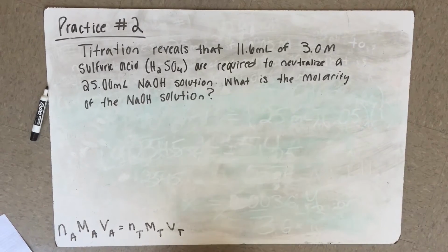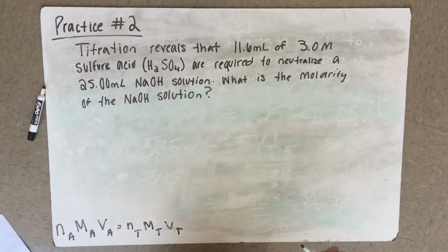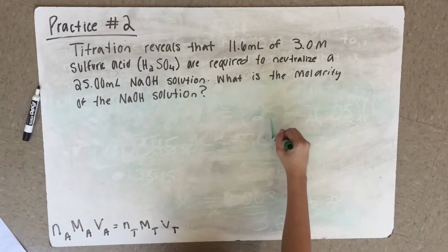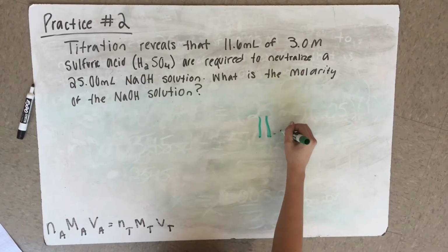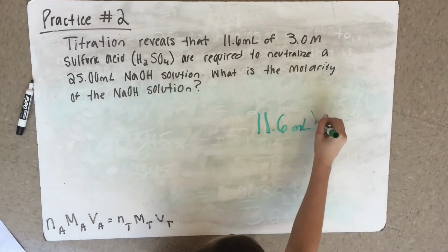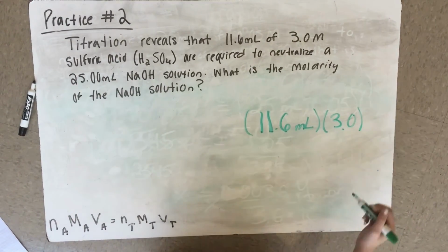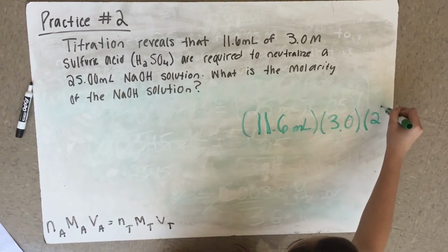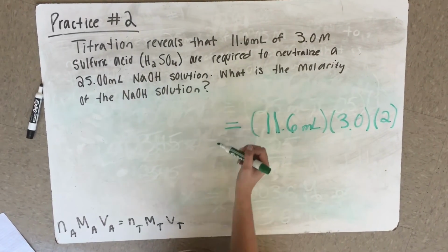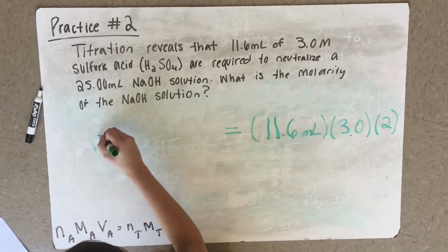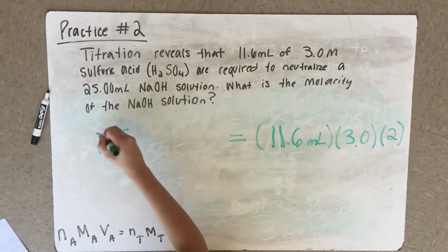Okay. Since you know the concentration of the sulfuric acid, that would go on the right. And the NaOH would go on the left.